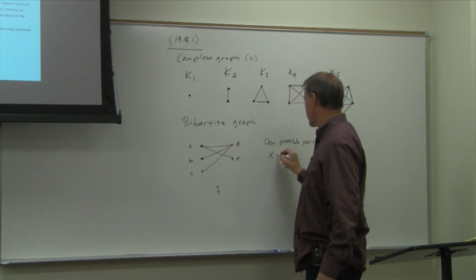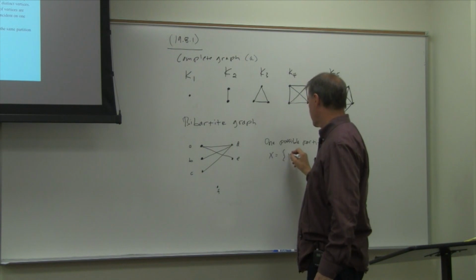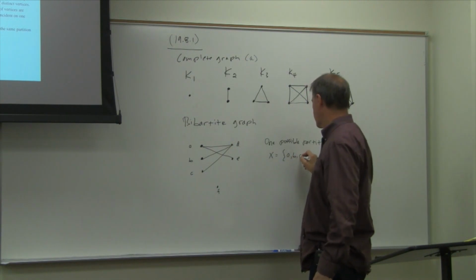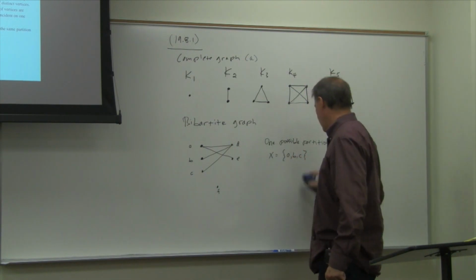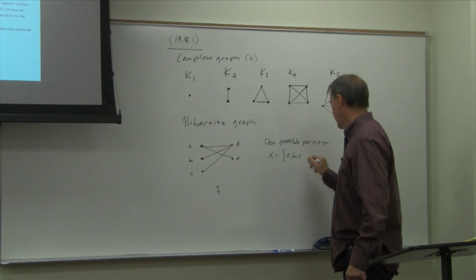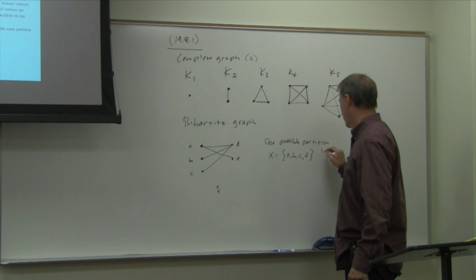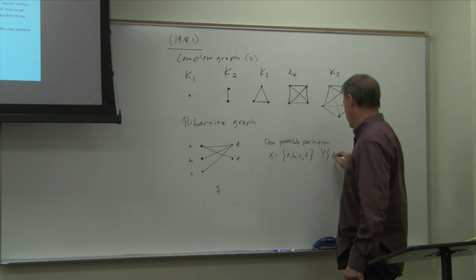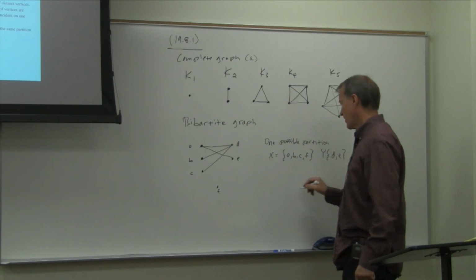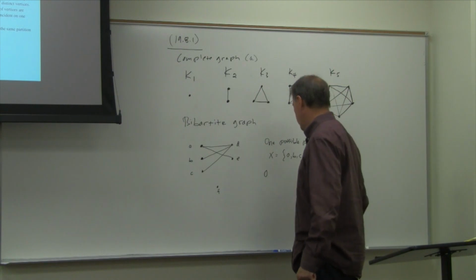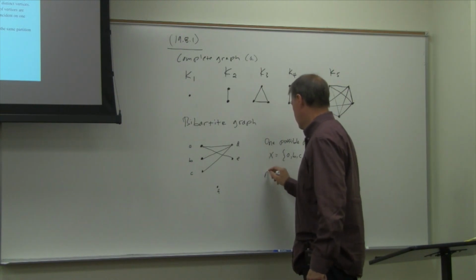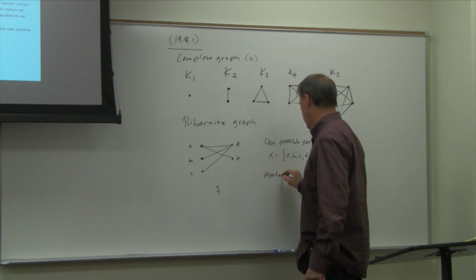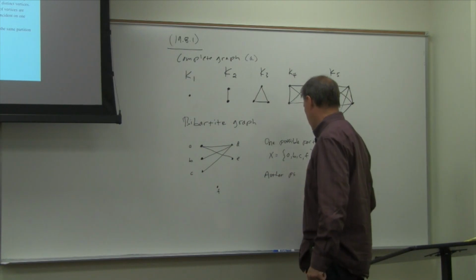One possible partition is x is the set A, B, C, F, and then y would be D, E. All right. Another possible partition would be A, B, C, D, F. And that definition would still hold.